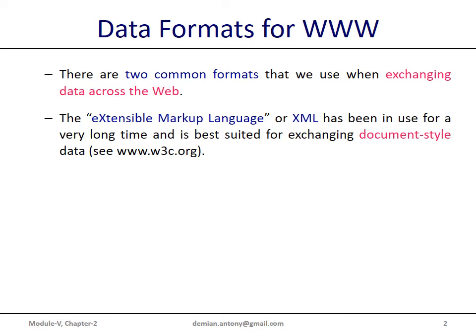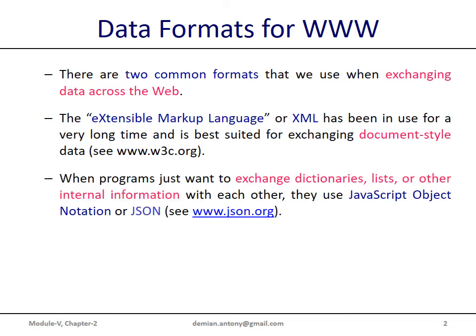For more information about document style data, you can refer w3c.org, which gives the complete format, structure and other requirements about XML. The second widely used format at present is JSON, JavaScript Object Notation.